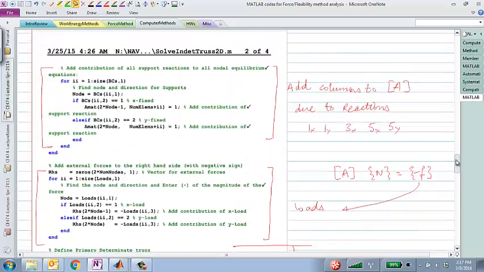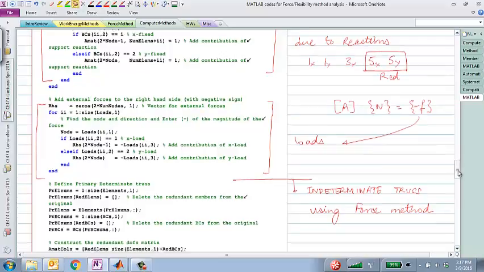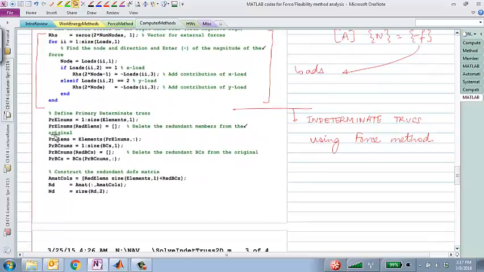So you remember we said that 5x and 5y are the redundant boundary conditions in this case. So we delete those particular columns from our A matrix. That's this right here.